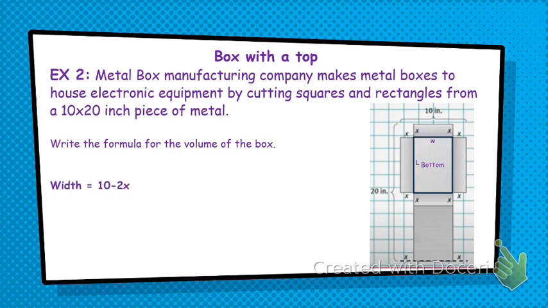Our width here is the same as before. So we're taking 10 minus the two x's, the cuts from each side that I'm trying to find the height for. And that's always going to be the case. The height will always be x.